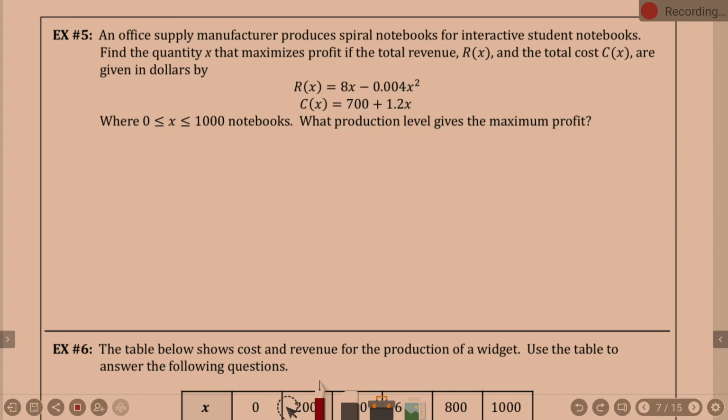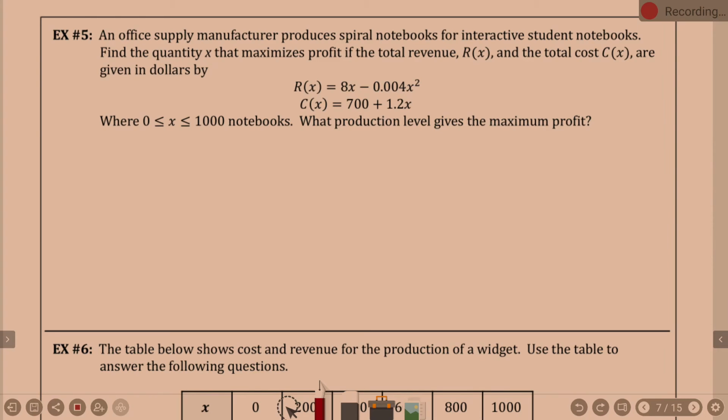Instead of just putting the derivatives, take the derivatives and then set them equal to each other. So that's what we're doing. They've asked the same question twice, haven't they? Find the quantity X that maximizes the profit. Oh, and then they give us a specific number, don't they? Well, but it's still what production level gives the maximum profit.